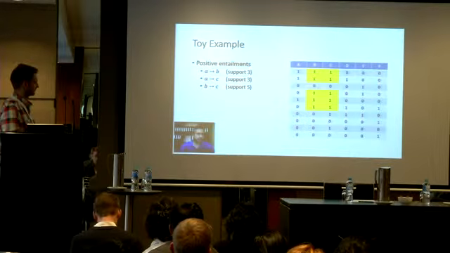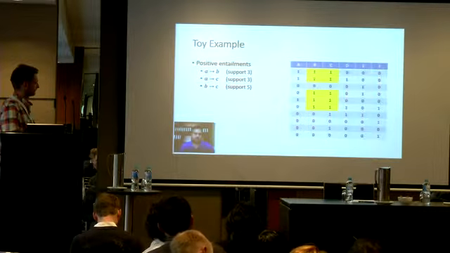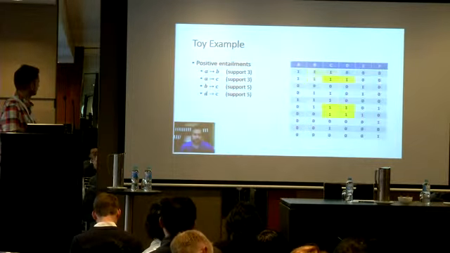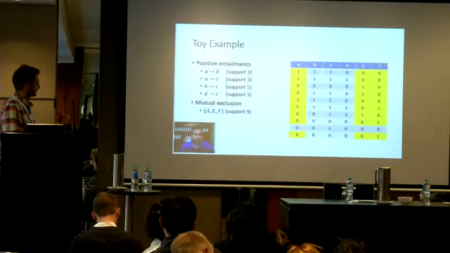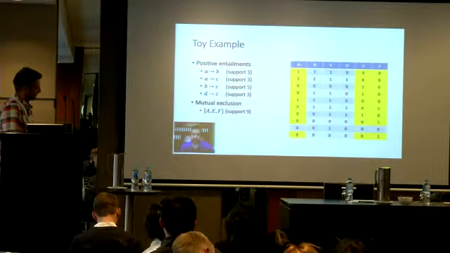B entails C is also extracted, in this case with the support of 5 examples. And finally, D entails C is extracted, again with the support of 3 examples. We can also extract the mutual exclusion among labels A, E and F, which has a support of 9 training examples.